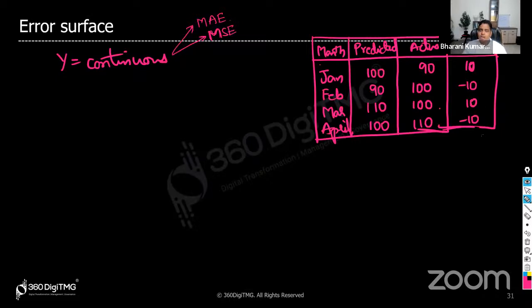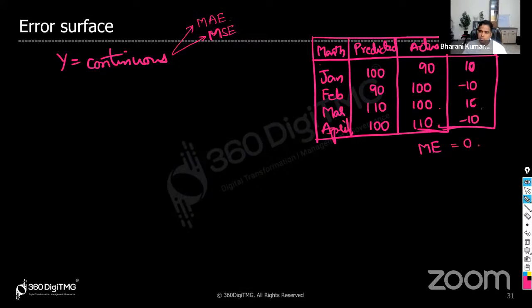These are all the various errors. If you just take an average or mean of all these errors, you get 0, because plus 10 minus 10 plus 10 minus 10, you get 0. 0 by 4 would be 0.